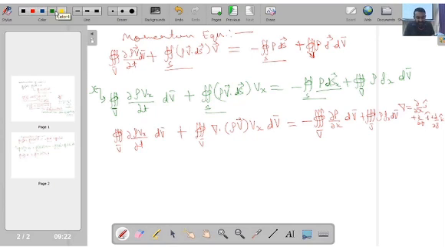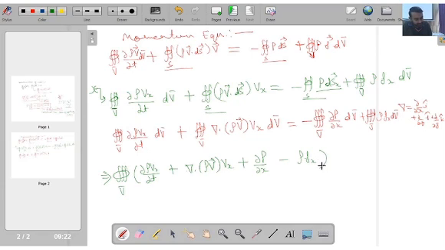Now I can bring all the terms on a single side and put them inside a single volume integral. So this is how my volume integral of del rho vx by del t plus divergence of rho v vector into vx, pressure will become plus del p by del x, and this body force will become minus rho fx, and this whole dv bar equal to 0.